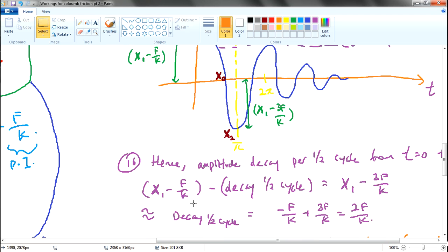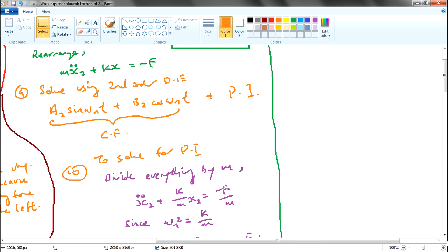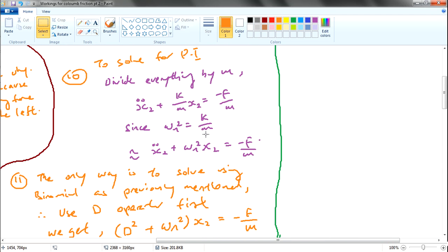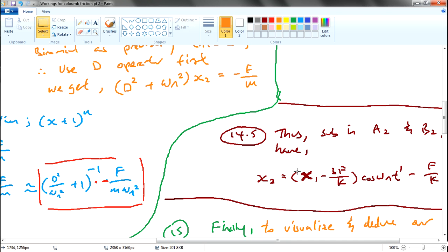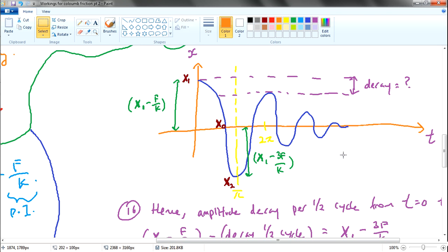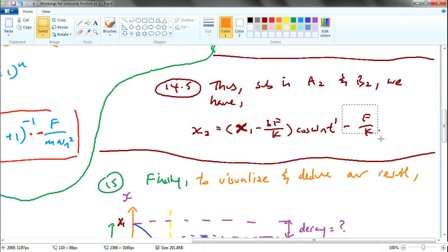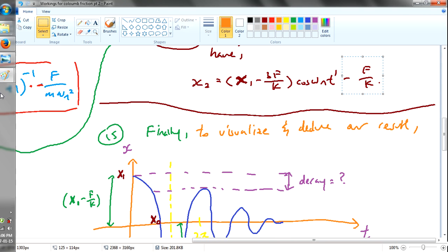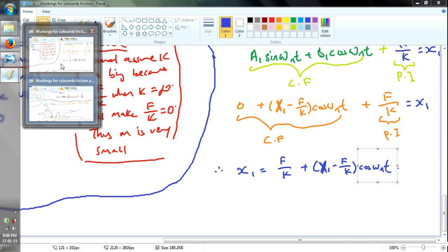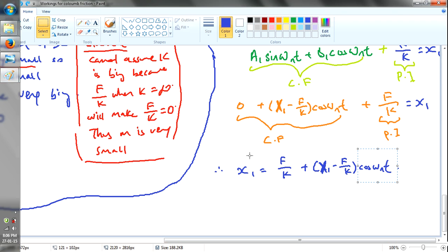And then we also have our x1 minus 3f over k over here. And then you may wonder, where is my minus f over k and my f over k?